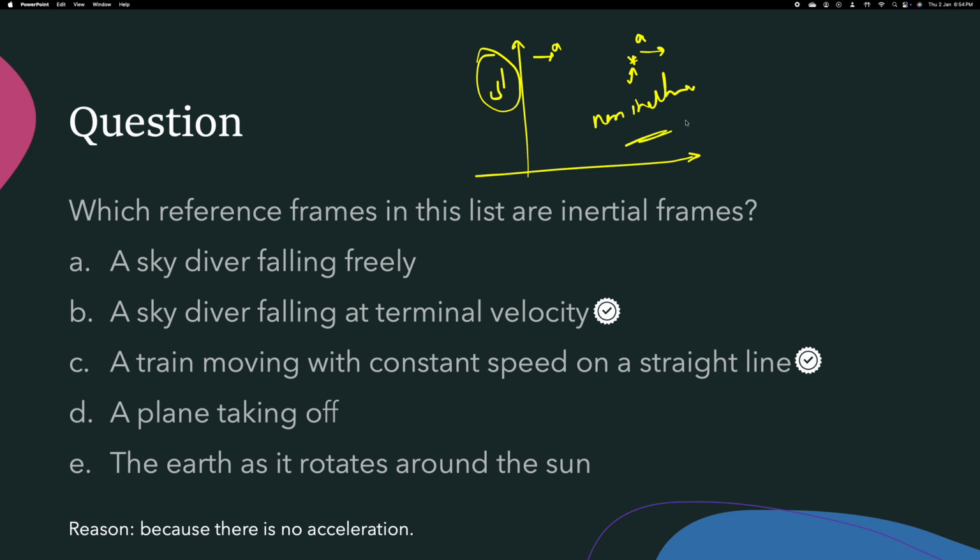But wait, are we not going to look with respect to something else? No, we're not going to answer whether it is inertial or non-inertial with respect to any other frame. Instead, we're just going to look at that one frame.